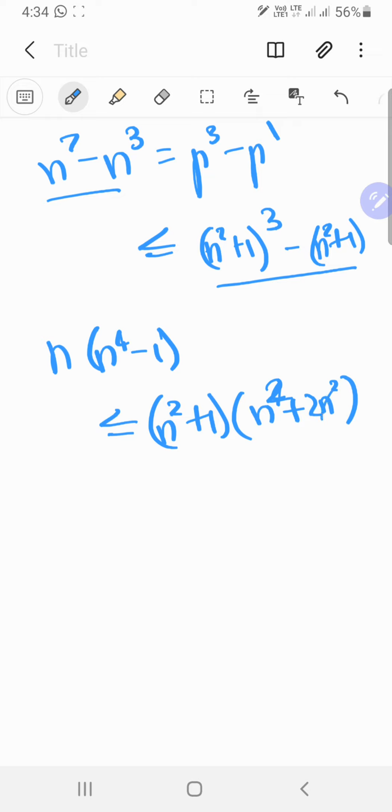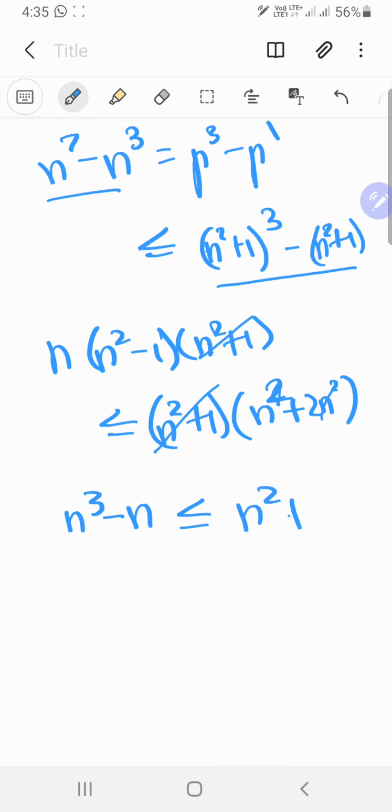And then I can factor out an n squared plus 1 from this guy. So this will be n squared minus 1 into n squared plus 1. So this cancels, and you just have n cubed minus n is less than or equal to n squared plus 2, which means n cubed minus n squared minus n should be less than or equal to 2.